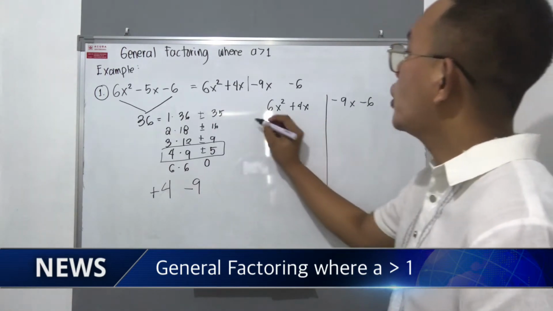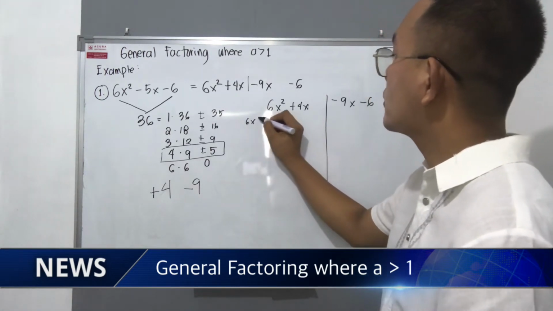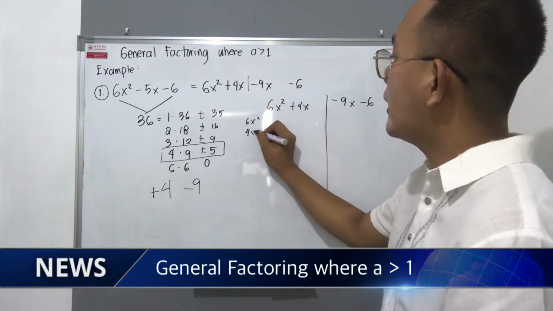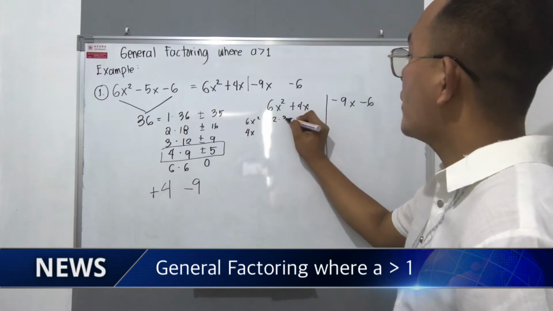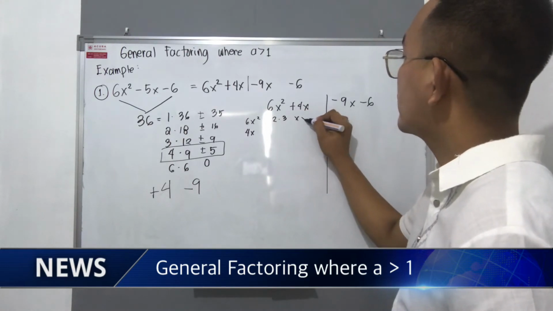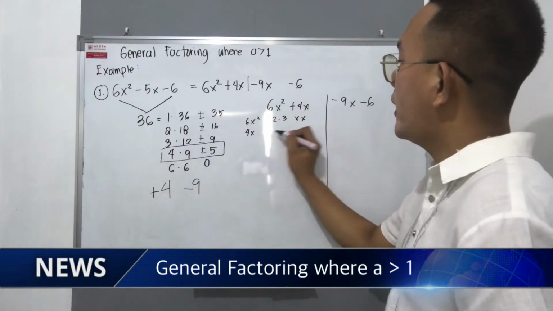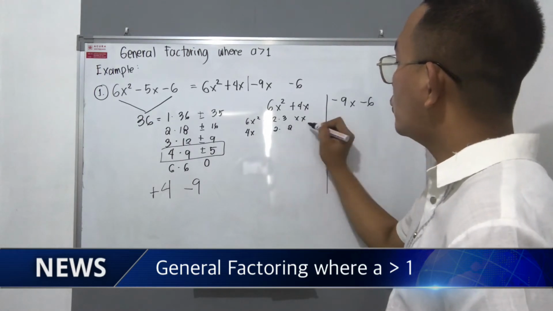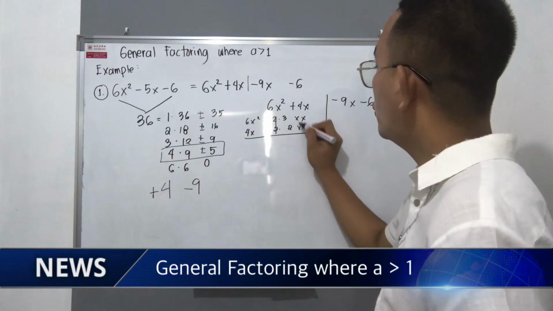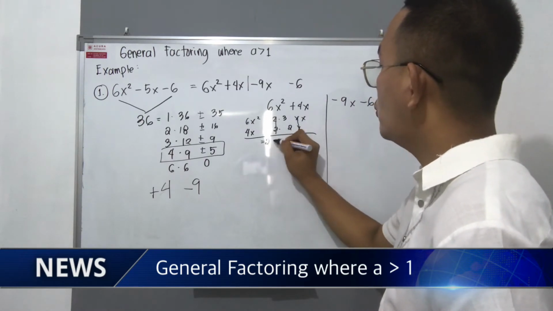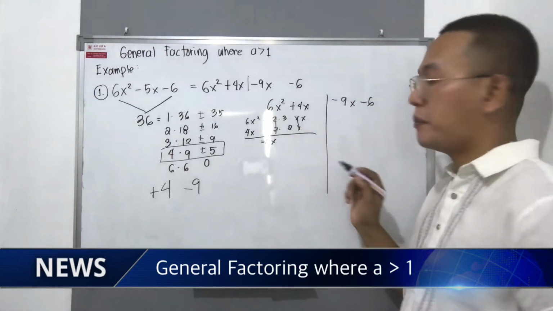Common monomial factor ng 6x squared and 4x. Anong factor ng 6x squared natin? We have 2 times 3 times x times x. What about the 4x? We have 2 times 2 times x. GCF natin is 2x, yung ating first factor.